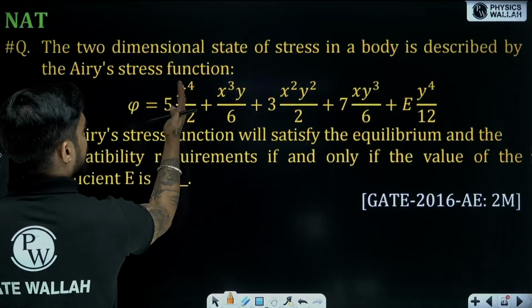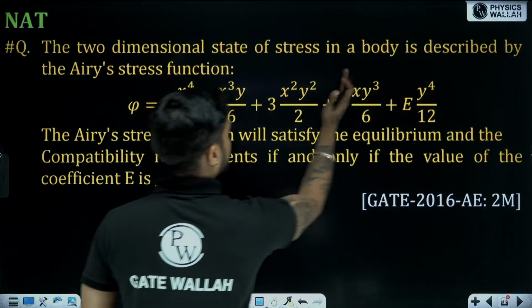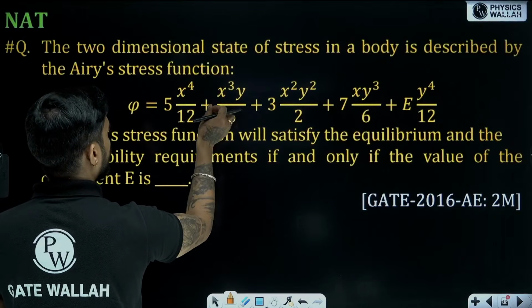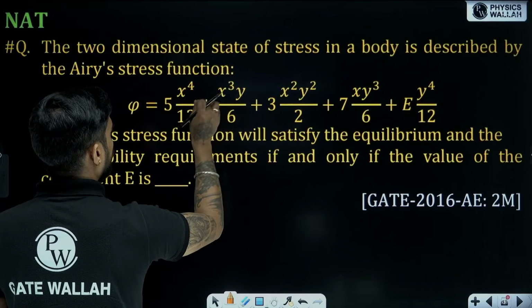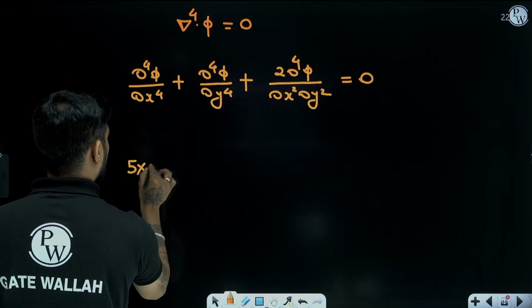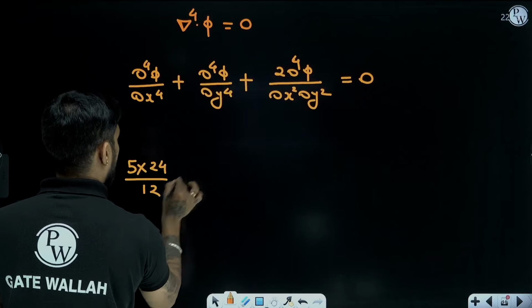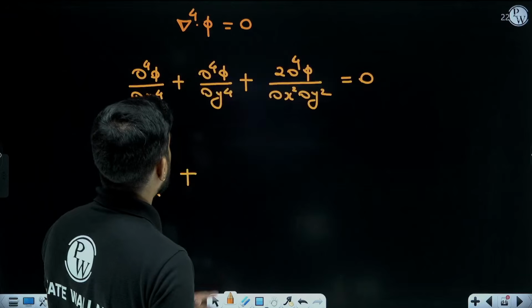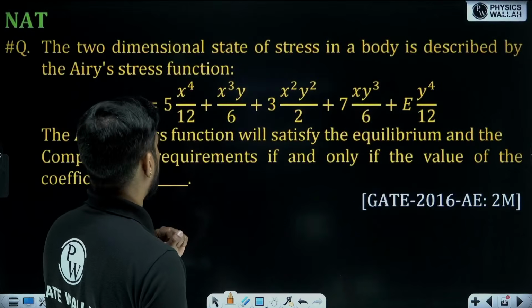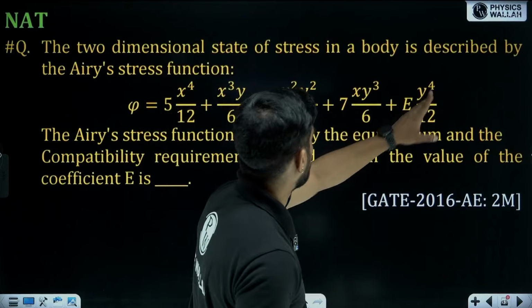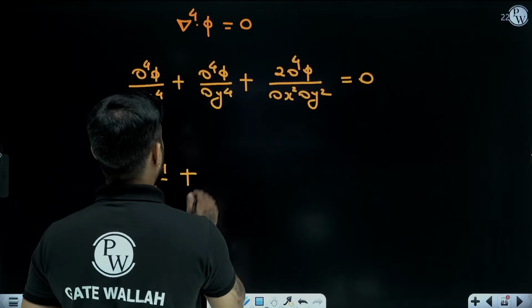Only this term has x to the power 4, so all these other terms will become 0. X to the power 4: 4x cube, 12x square, 24x. So 5 into 24 divided by 12. Then if I differentiate with respect to y 4 times, this will become 0. This one will become e into 24 by 12.